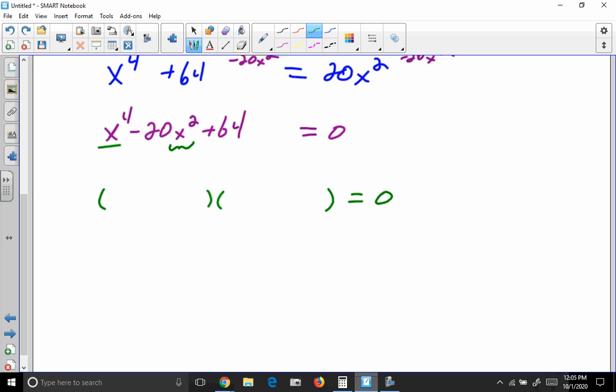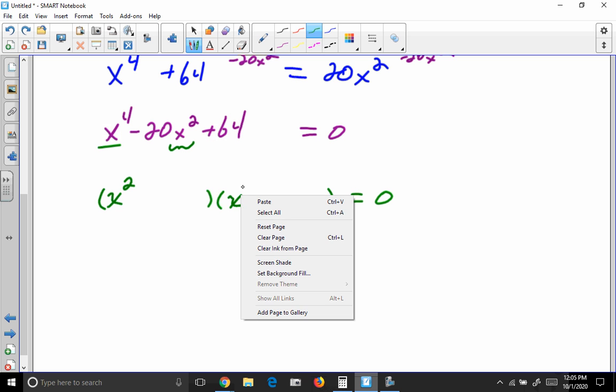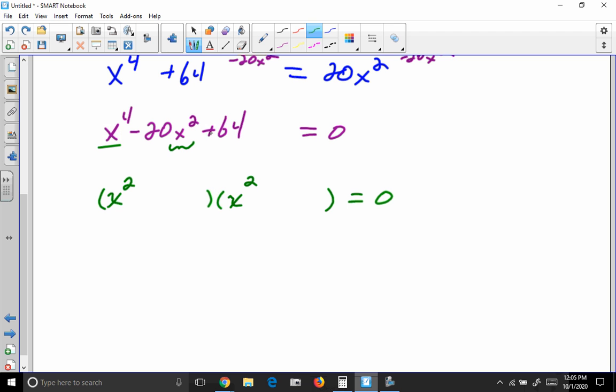We could make a substitution, but notice that the fourth, we could call that x squared times x squared. Our signs have to be negative times negative to get a positive here and a minus in the middle. And then we just need to take 64 and find out what multiplies to make 64, adds to make 20.